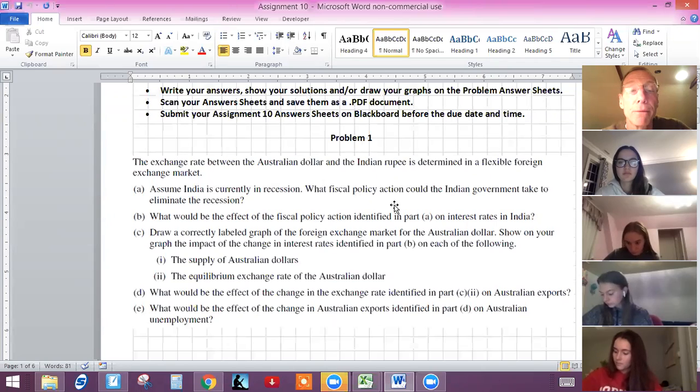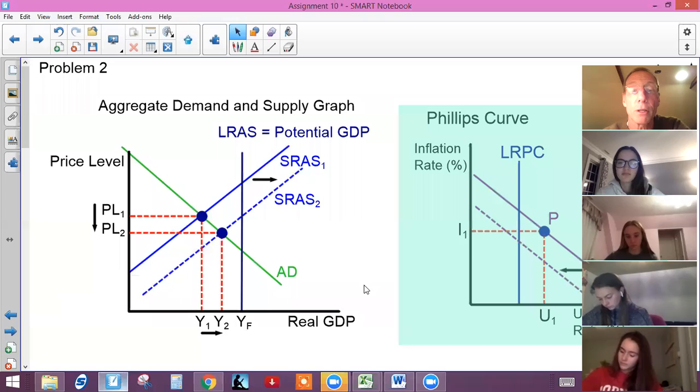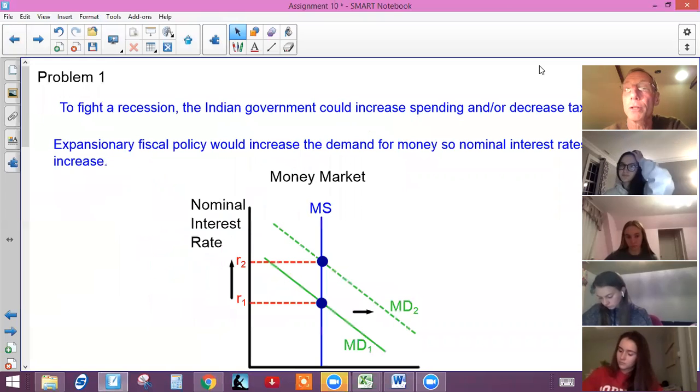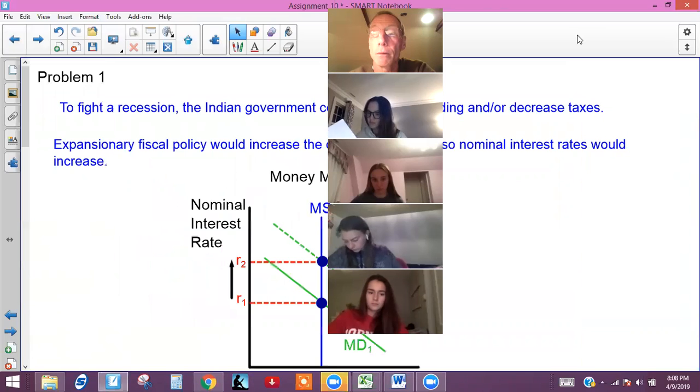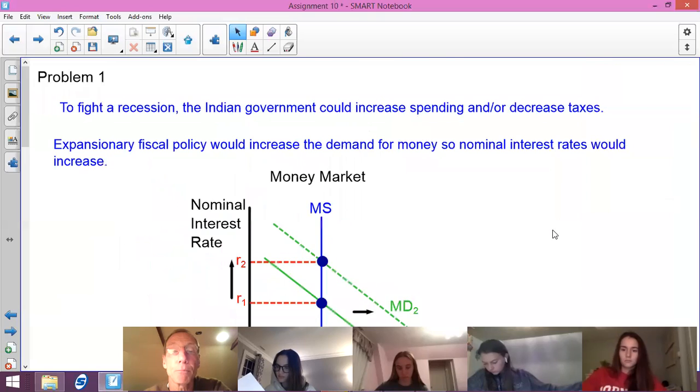What would be the effect of the fiscal policy action identified in Part A on interest rates in India? Okay, now what I've done is I have drawn the graphs that are applicable to all of the questions. And I'm going to move you guys somewhere out of the way if I can. There we go.